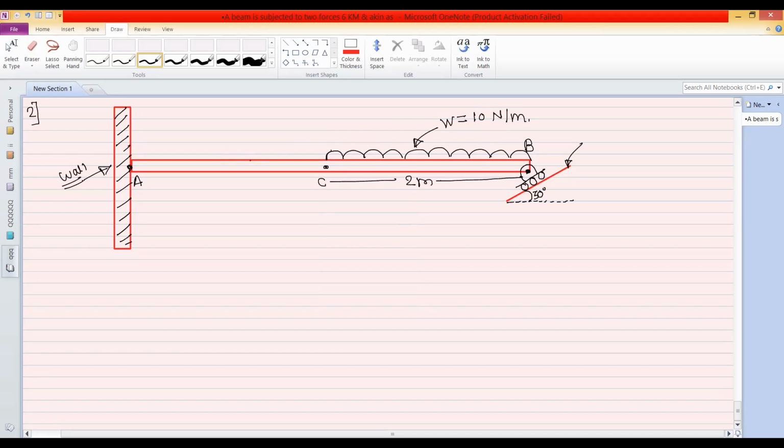There is one point load at point C, which is F equal to 20 Newton. It is acting at 30 degree.